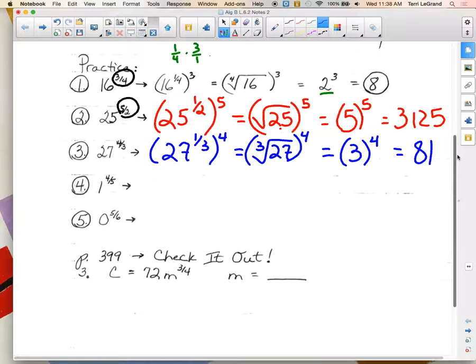So I want us to understand, why does it work? Let's not just say, well, she just showed us how to do it and now we know how and we get the same answer the calculator does. Let's reason out why. When that rational exponent, that fraction, is less than 1, why is our answer less than the base?